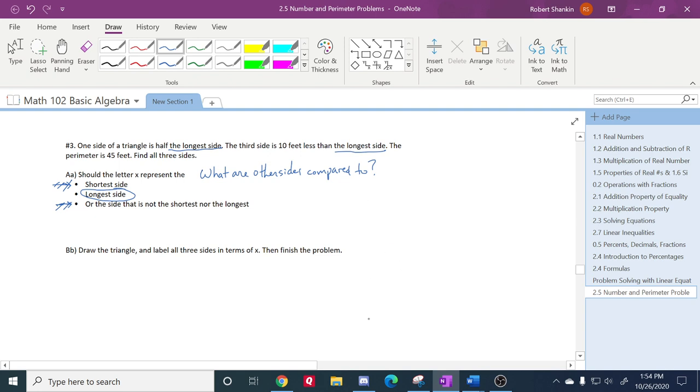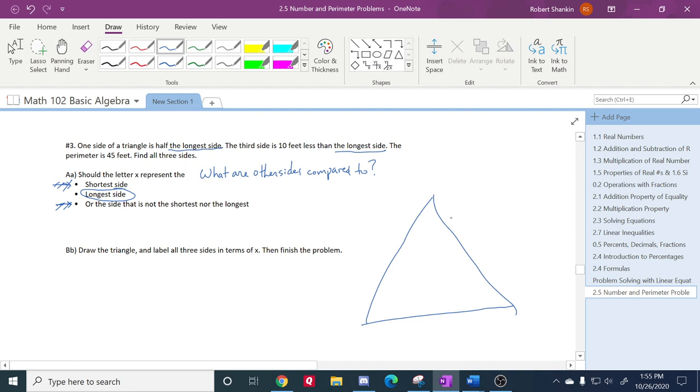Okay, so I'm going to draw some triangle. And I made them kind of all look about equal in length. And you don't have to make them one long and one short. It doesn't really matter.